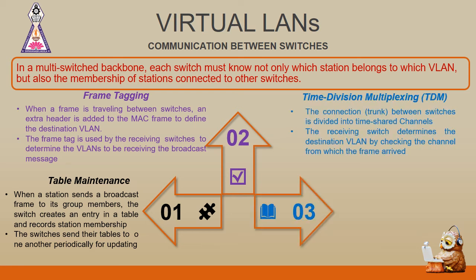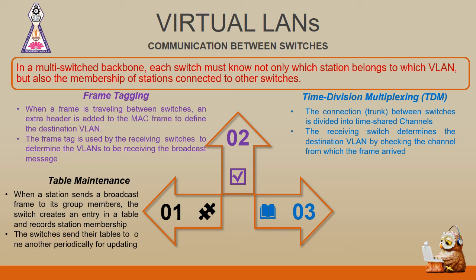And the third technique is the time division multiplexing. So in order to implement the communication between the switches, the connection or the trunk is divided into time shared channels, that is TDM, time division multiplexing. For example, if in a backbone network there are 5 VLANs present, in that particular case, the trunk is divided into 5 channels.